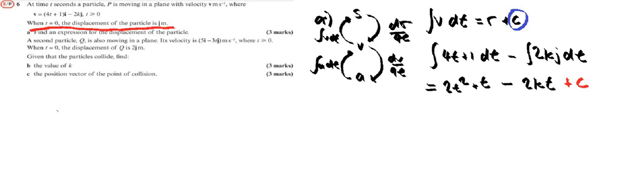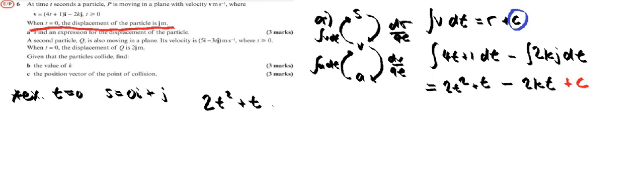So now at this point, I have to use my example. My example is that when t equals 0, the displacement, which I've just worked out, is equal to 0i plus j. So this means that my integral, 2t squared plus t minus 2kt plus c, is equal to 0i plus j.